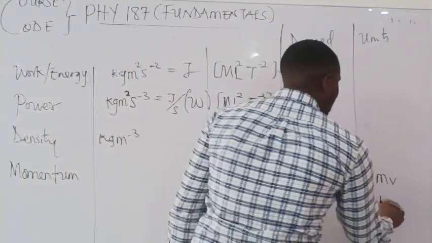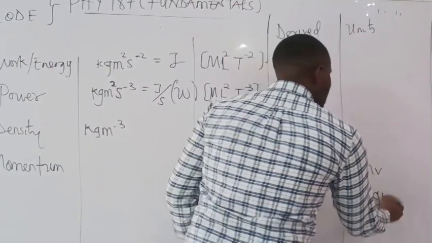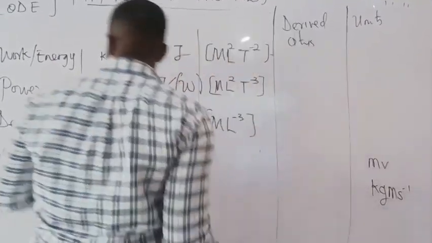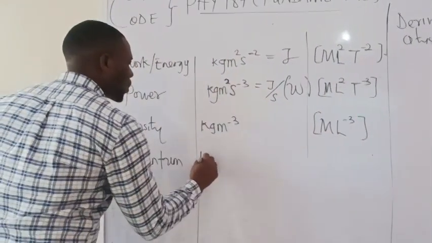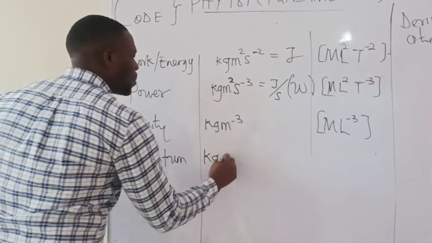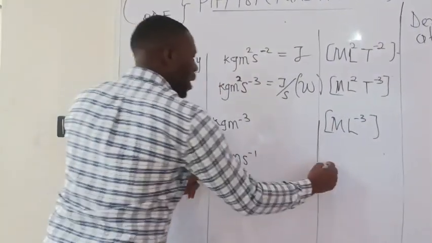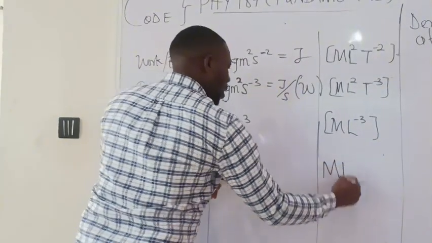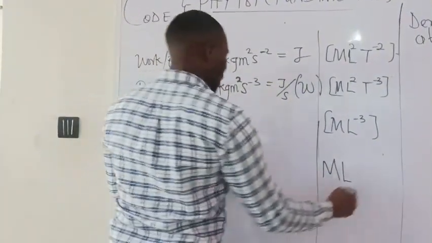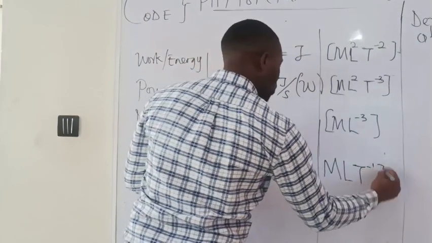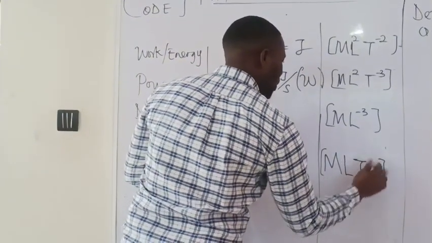Mass is in kilogram, velocity is in meter per second. So momentum has the unit kilogram meter per second, and its dimension would be M for mass, L for length, then T raised to power minus 1 enclosed in a square bracket.